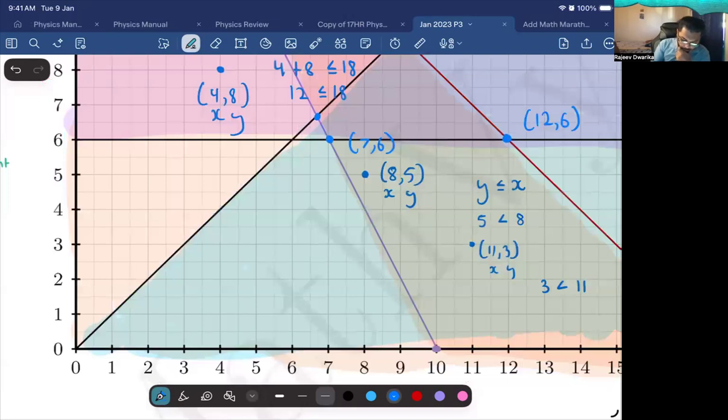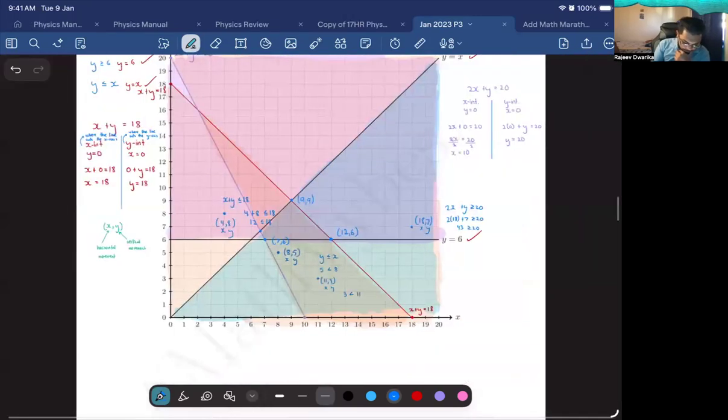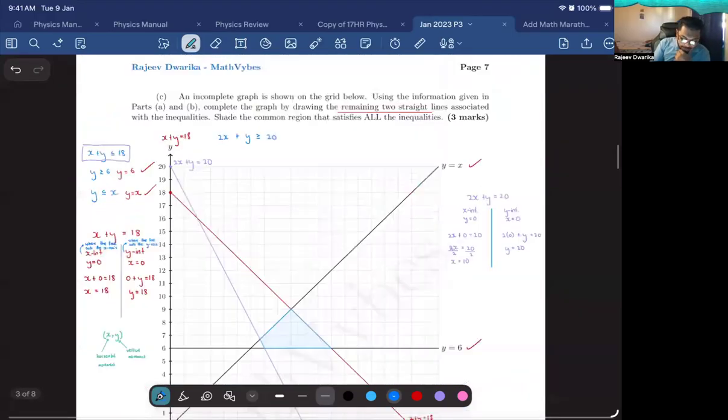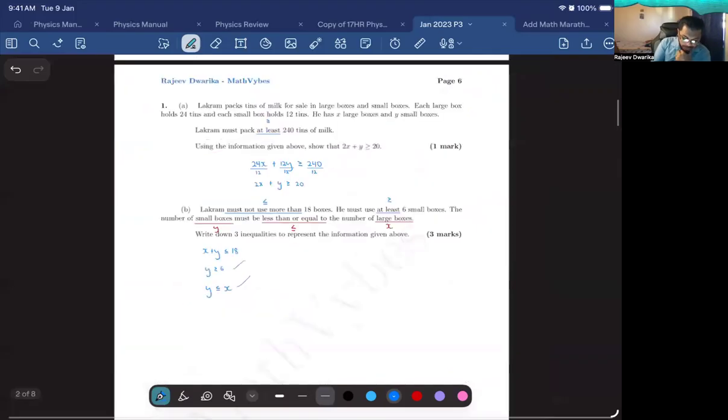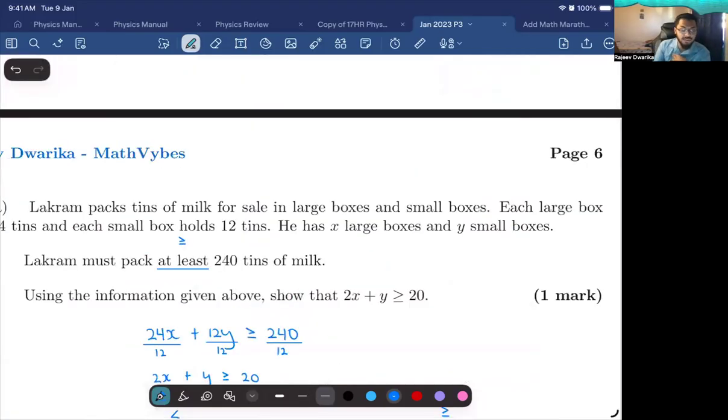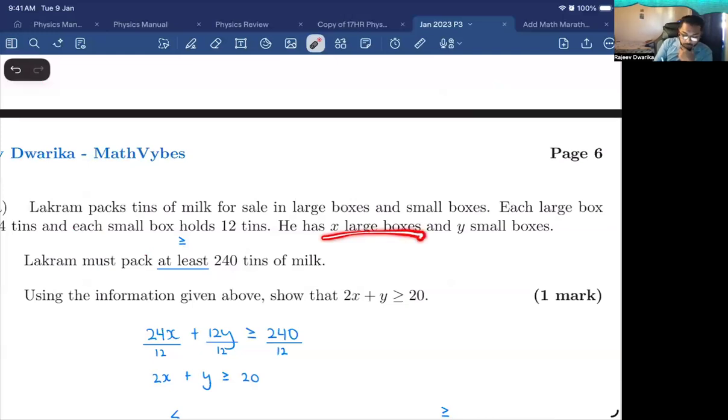But it wouldn't make sense to use that point, and I'm going to explain why. Remember earlier in the question, they said that X represents large boxes and Y represents small boxes.